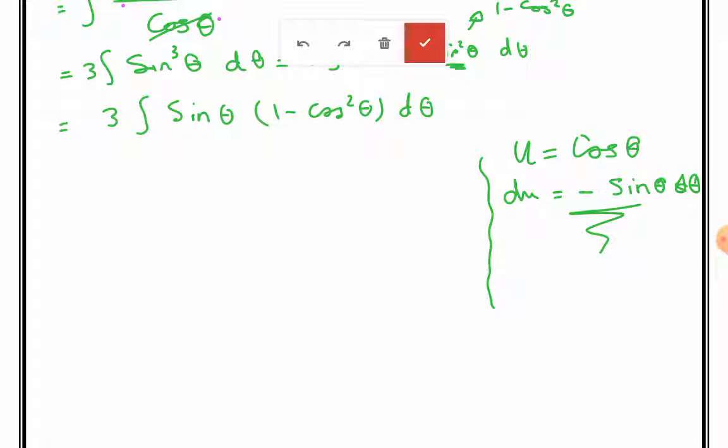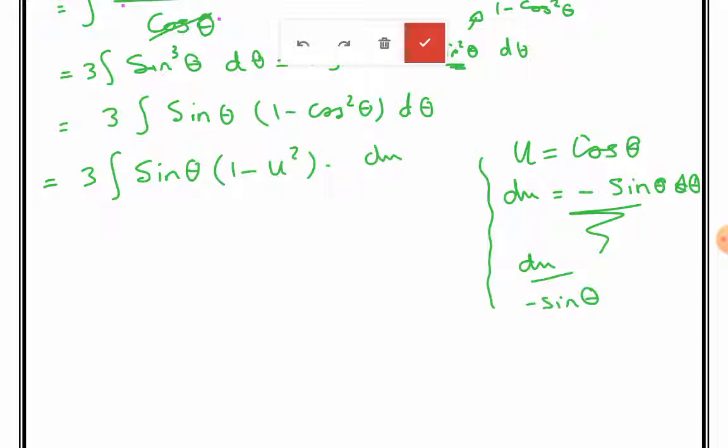And use this and substitute in the question: the integral of sine theta times 1 minus u squared. d theta now is du over negative sine theta. So we write here du over negative sine theta, and cross out sine with sine, and we have negative 3 now. This negative will be outside the integral, and then 1 minus u squared du.